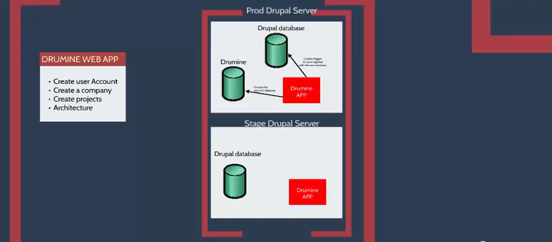If you are installing the Drumine app in a server other than production, for example in stage, the Drumine app will create triggers for the Drupal database and also SSH tunnels in order to solve connections.